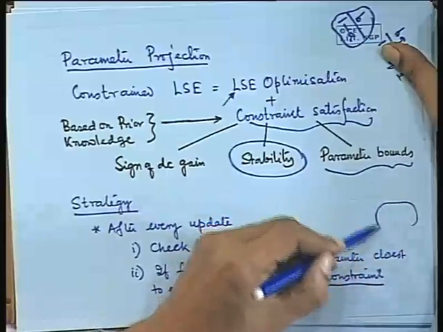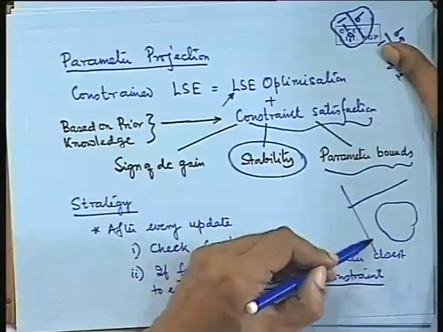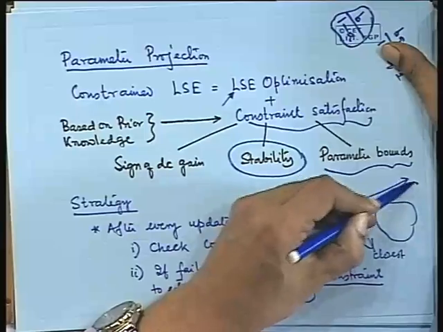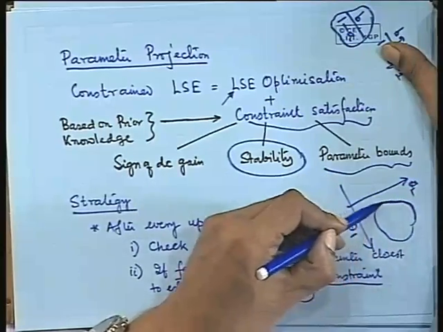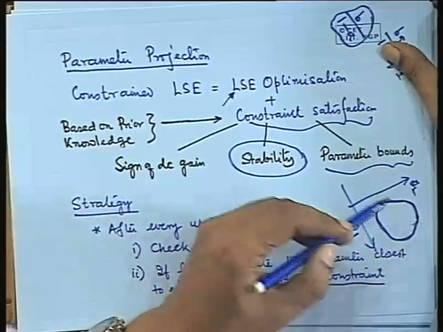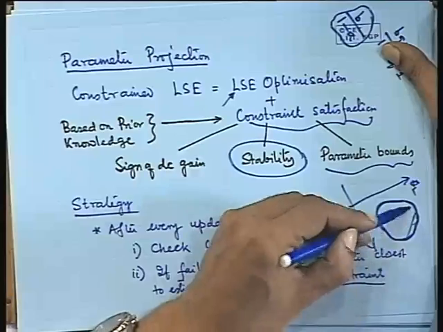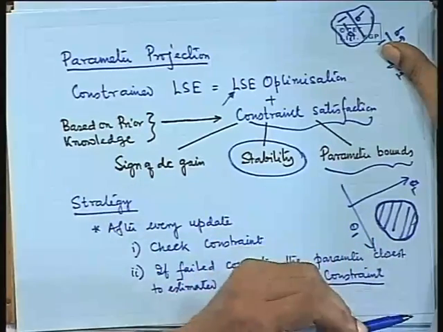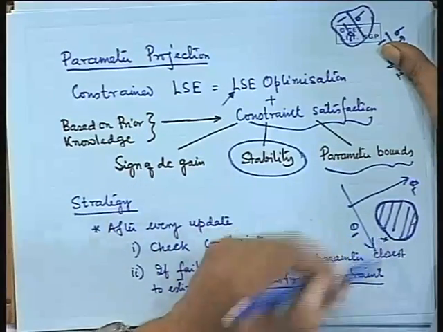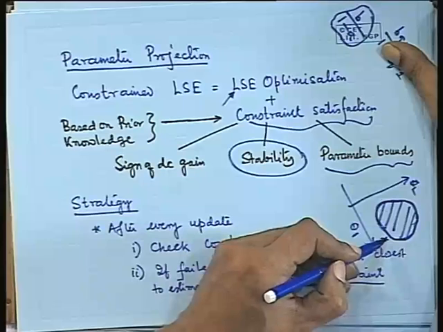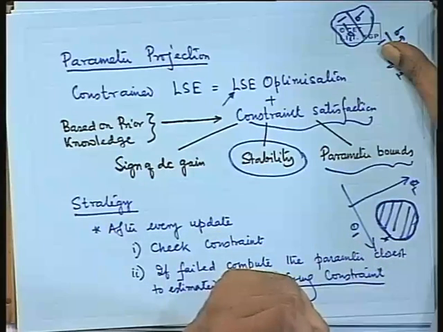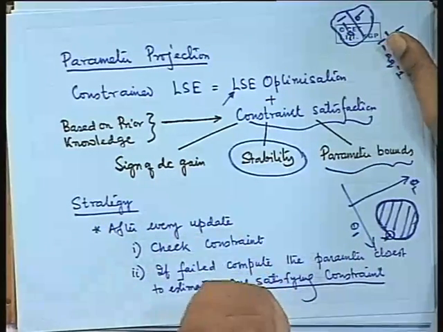So you have a part of the parameter space which will satisfy the constraint. Suppose this is theta 1, theta 2 parameter space, 2 dimensional, just assuming, and suppose you have given a constraint that this is the feasible part. Every time, if you get something here, then you have to find the closest parameter which falls in the region.